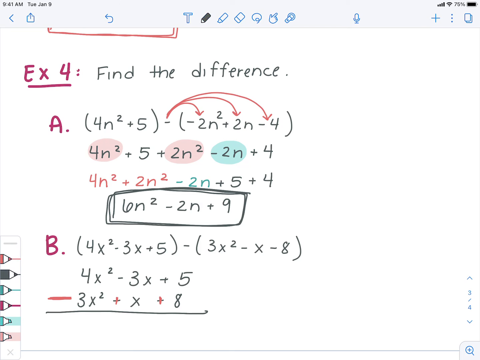And then I can just say to myself, okay, 4x squared minus 3x squared gives me x squared. Negative 3x plus x gives me negative 2x. And 5 plus 8 gives me 13.